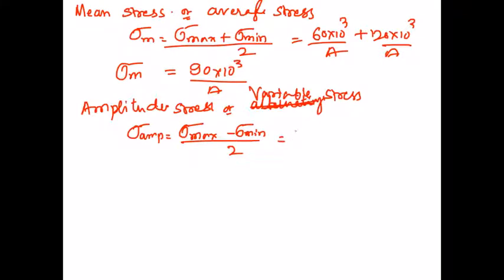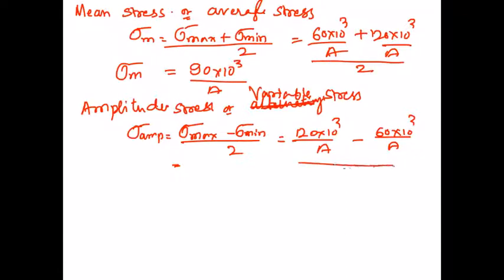Sigma max is 120 into 10 to the power of 3 divided by A, minus sigma minimum, 60 into 10 to the power of 3 divided by A, and it is all divided by 2. So you are going to get 30 into 10 to the power of 3 divided by A.